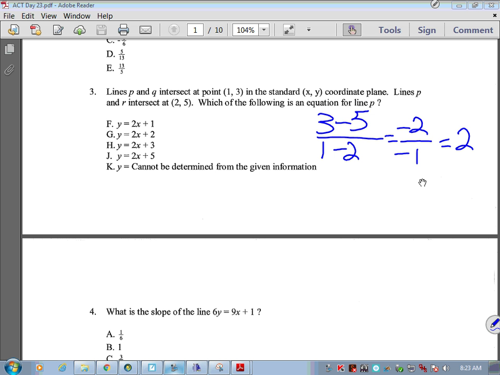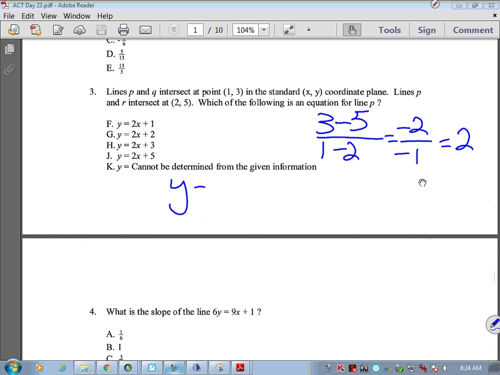Line P and Q intersect at 1, 3. Lines P and R intersect at 2, 5. So what I would do from here, and it's different than what I've got on this, is that I would use that point slope formula. Well, it shouldn't matter because P intersects in both lines, right? So the only thing that you might have done is you might have put the wrong number.